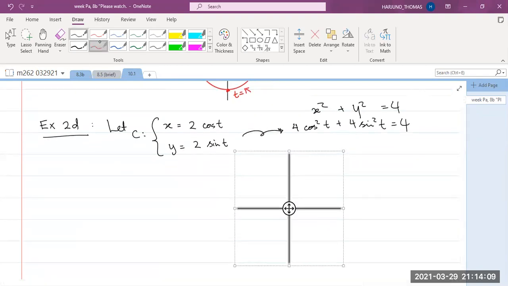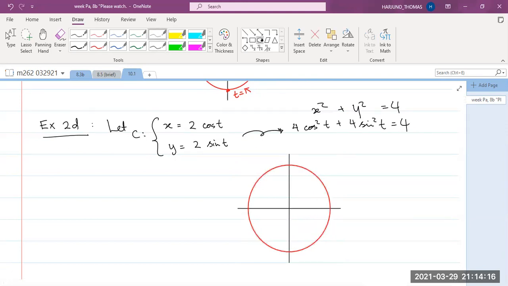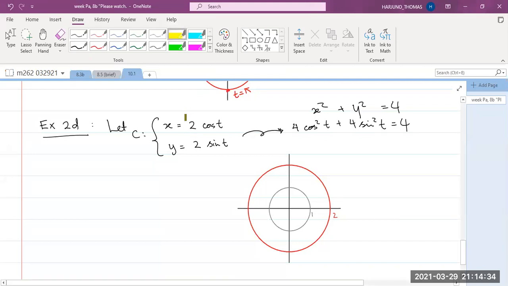Now the thing is how to explain that phenomenon. Originally that's a unit circle, with radius 1, now it becomes radius 2. Now, the explanation is here. When you multiply original cosine t by 2, you basically stretch that by a factor of 2 horizontally.